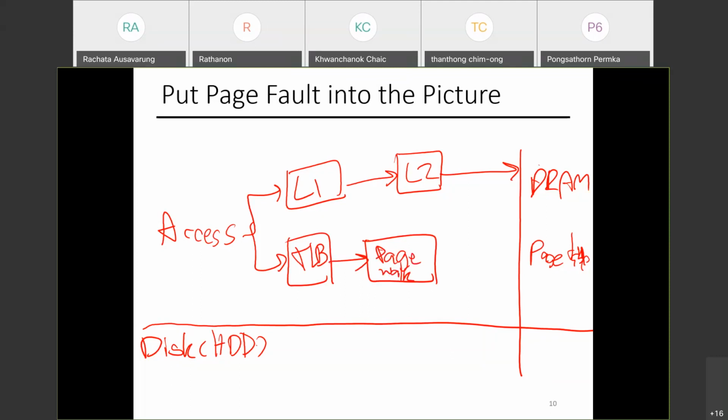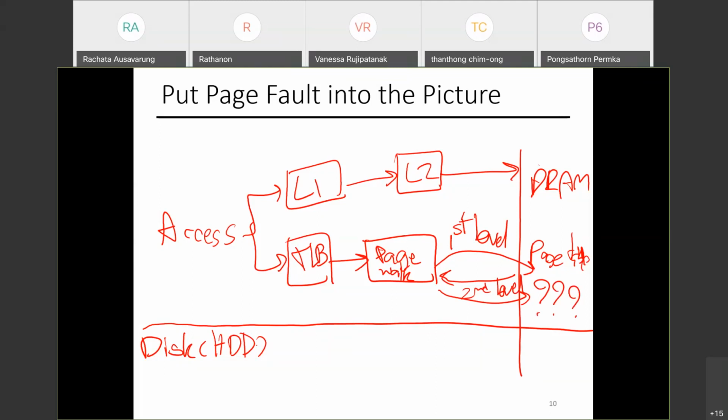If your page is not in DRAM, what you do here is you go to the page table, right? First level. You go to the first level, you get this information, go to the second level, and over there it would tell you that, hey, this page is not in DRAM. Don't use this physical address. This physical address is not valid.